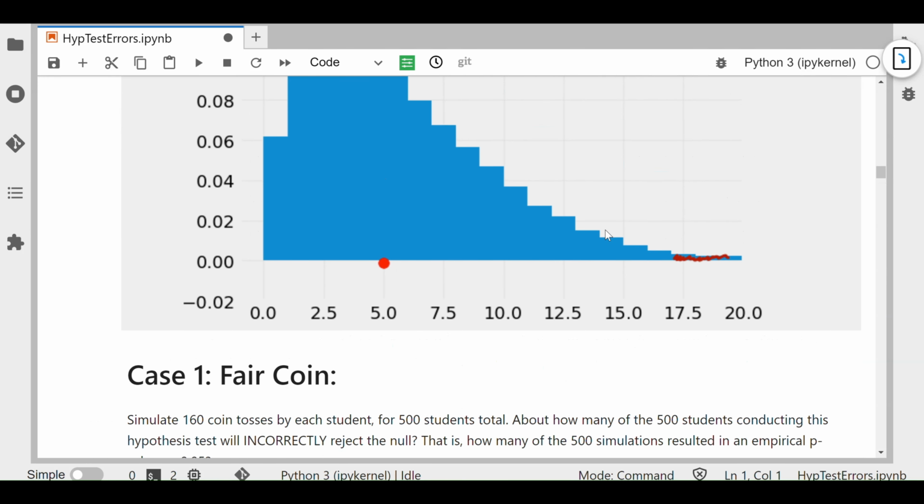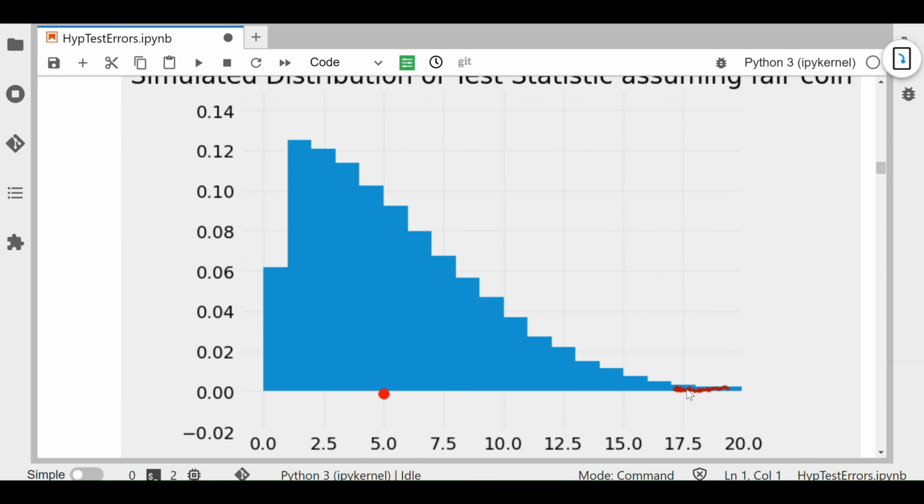You can have an actual fair coin, and if your cutoff is 5% for your significance value, then if the null is true, 5% of the time you're going to incorrectly reject the null just by chance. Just happen to have a really strange, unlucky number of heads with this fair coin, and it leads you to think that it's not fair when in fact it really was.